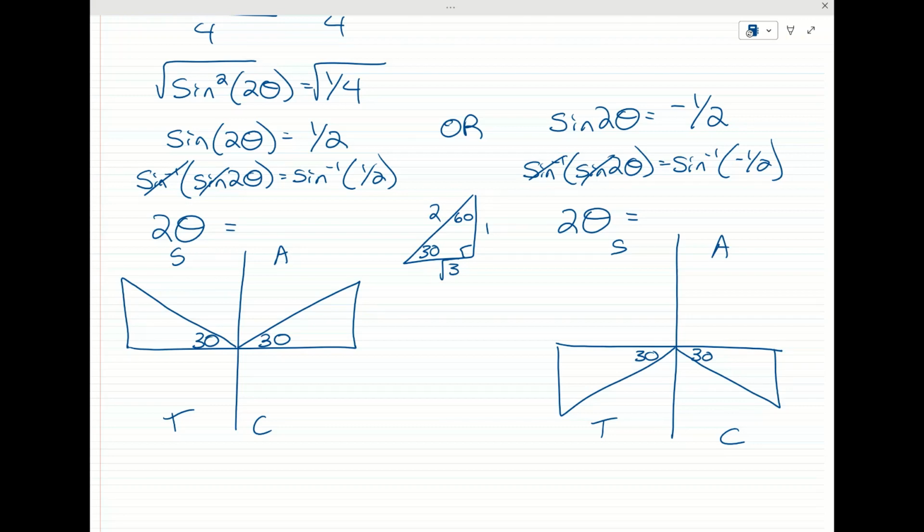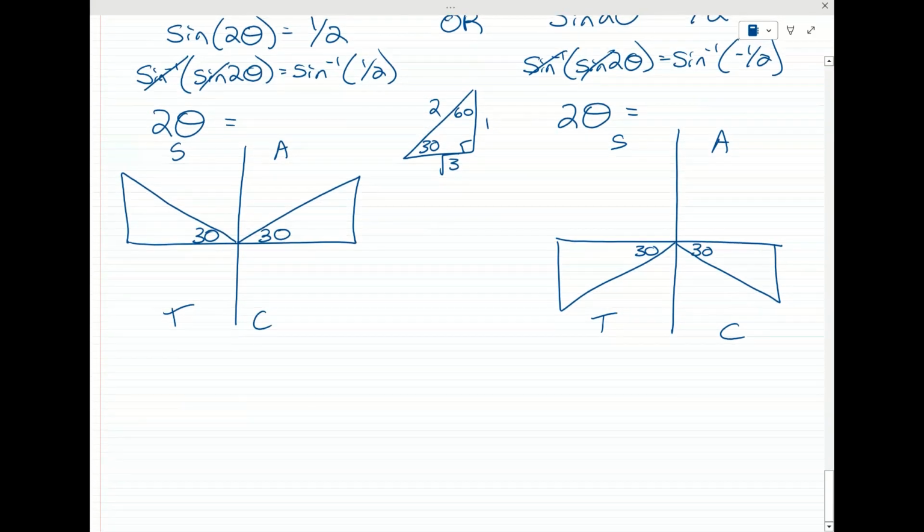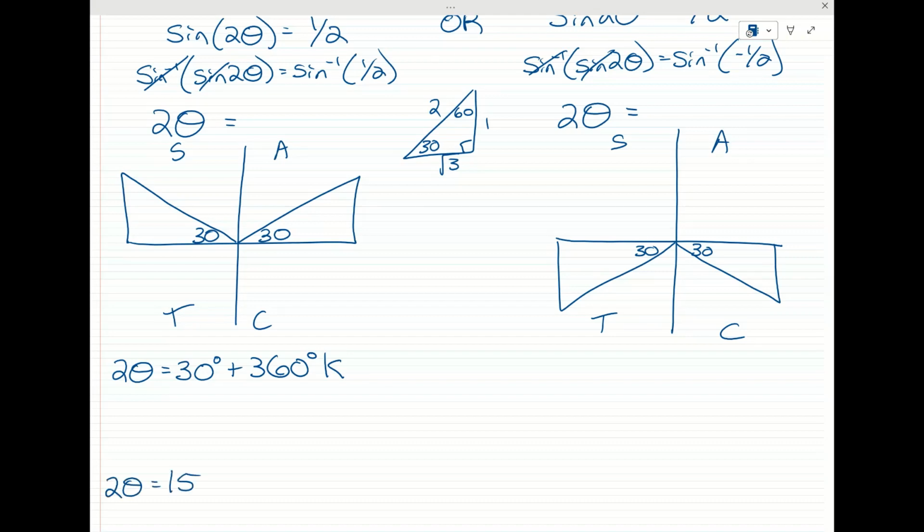So it looks like we have a couple different answers here. Remember, we still have 2 theta is equal to these, right? So one answer is going to be 2 theta is equal to 30, and that's going to be plus the period here. Another answer is going to be 2 theta is equal to 150 plus the period.